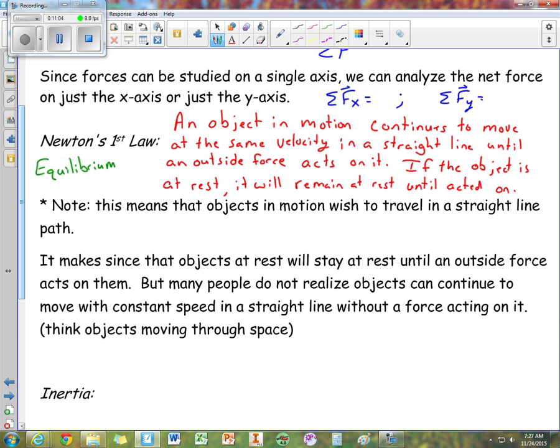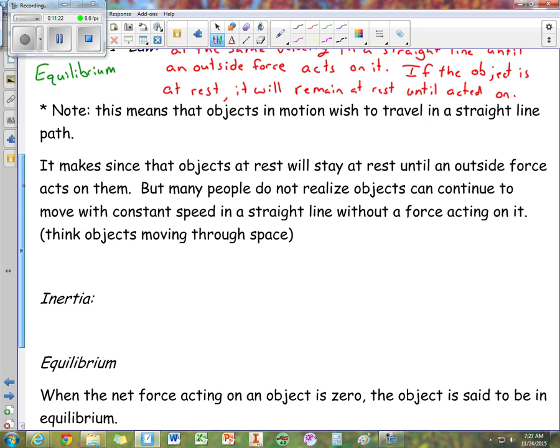All that has to happen is that all the forces need to add together to give us zero. So an object in motion, if it's moving at a constant velocity in a straight line path, can be in equilibrium. So Newton's first law is all about equilibrium.